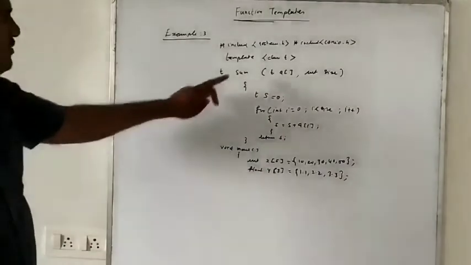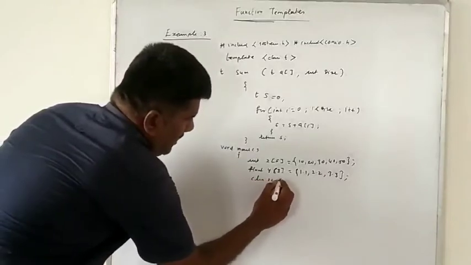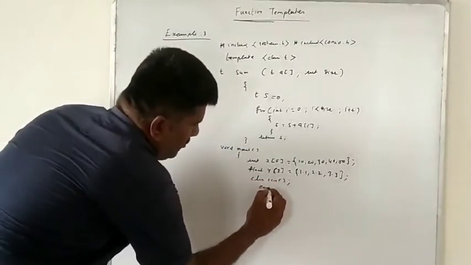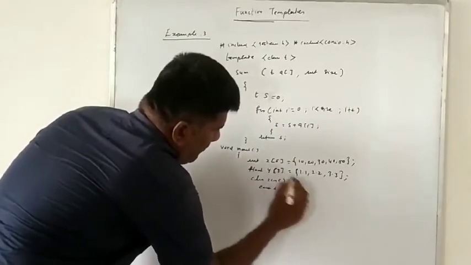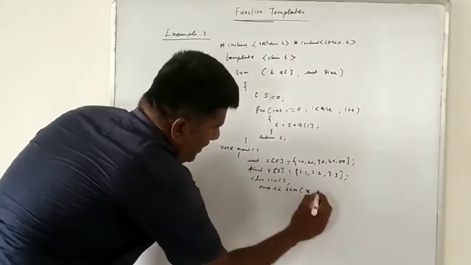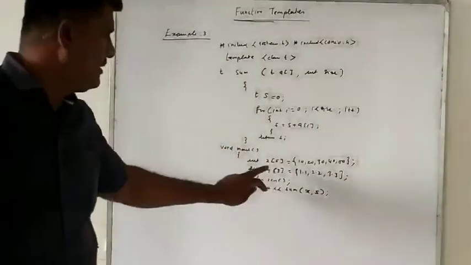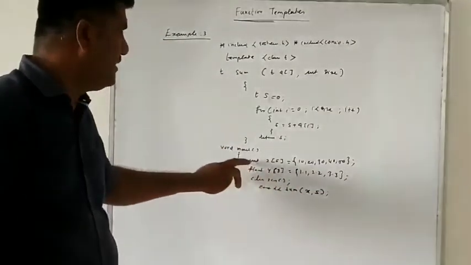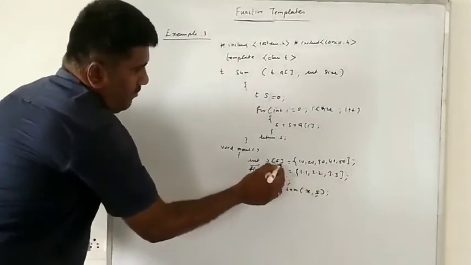Okay. You perform the sum operations. So we put clrscr, cout. Sum of, you pass the first array x, comma, size is 5. X is an integer array, so size is 5.